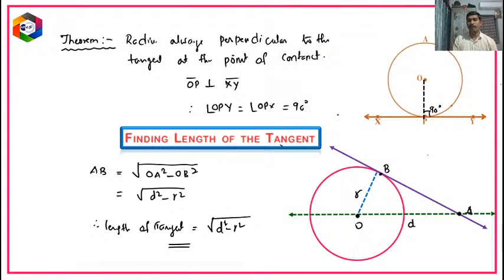Another important point is that the radius always makes 90 degrees with the tangent at the point of contact. These are the key points which we discussed yesterday at the start of the lesson.